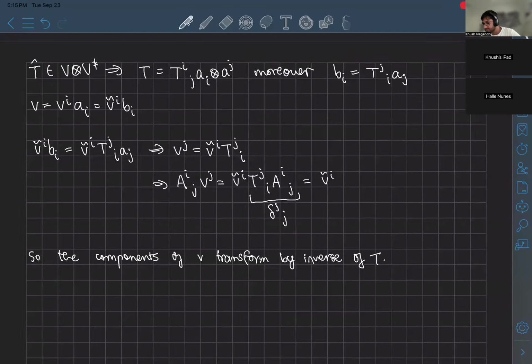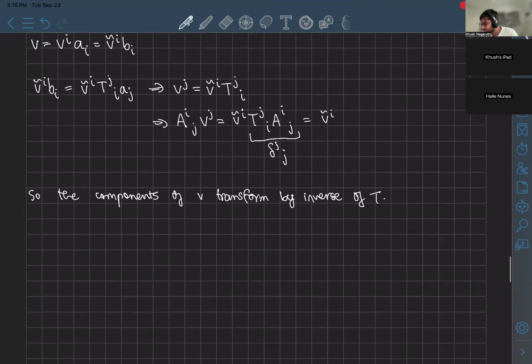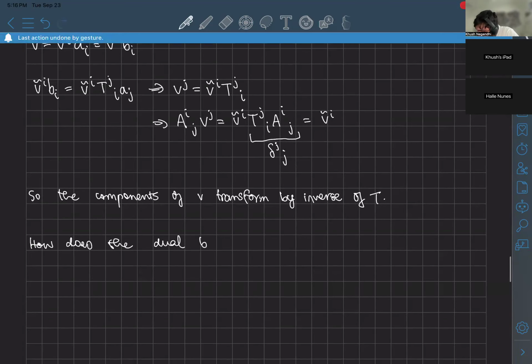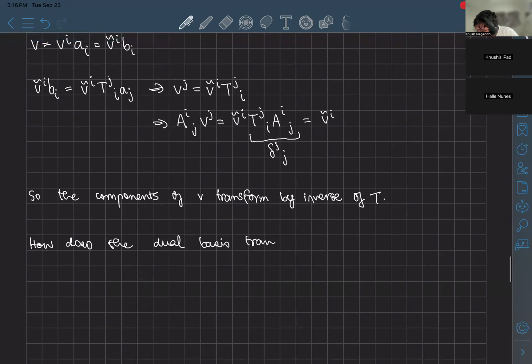Now let's see how the dual basis transforms. We pretty much do the exact same thing.